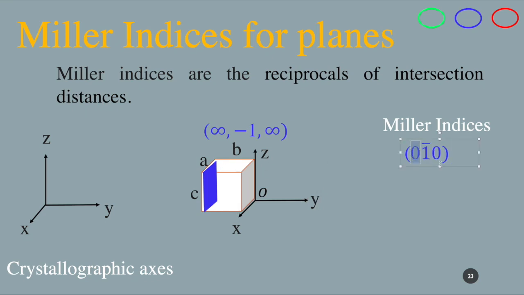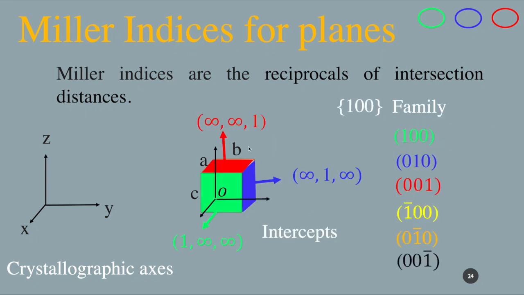So this plane can be represented as (0 1-bar 0). Similarly, we have (0 1-bar 0), (1-bar 0 0). All of these can be identified, and all of them together are represented by this notation, which is the family of {1 0 0} planes.